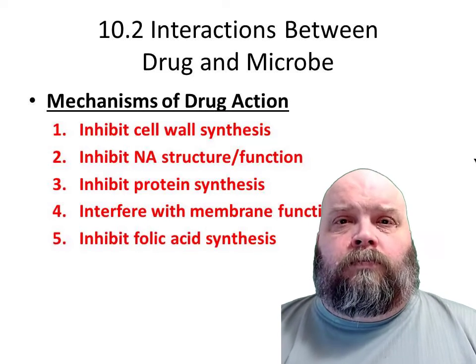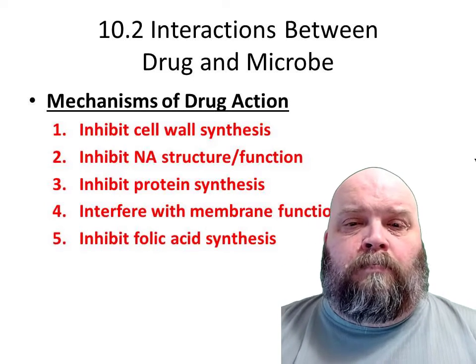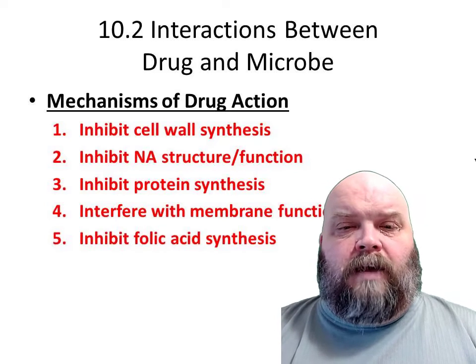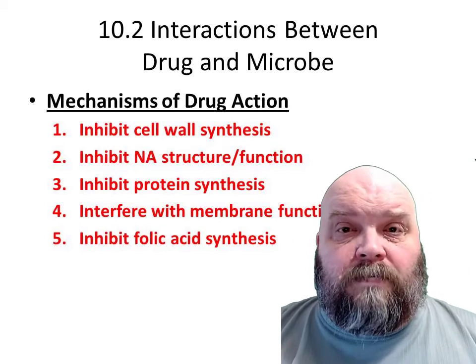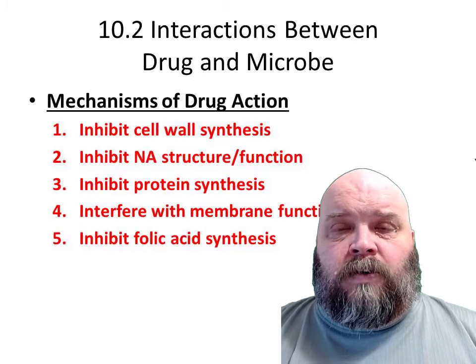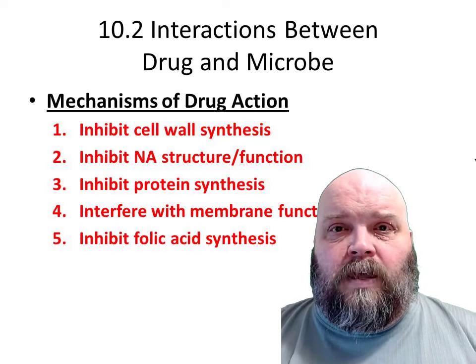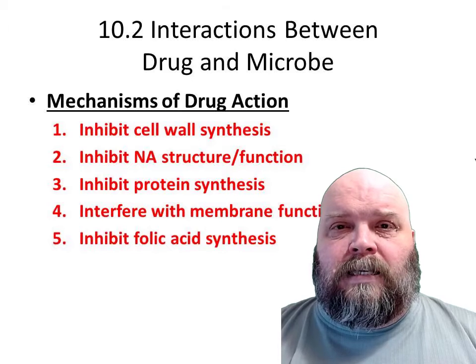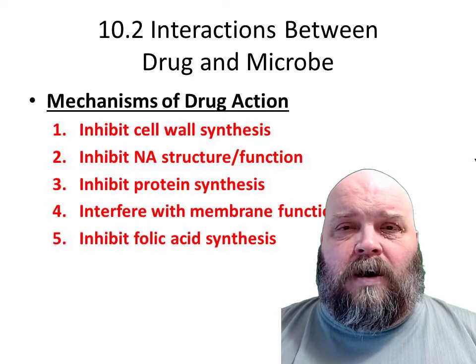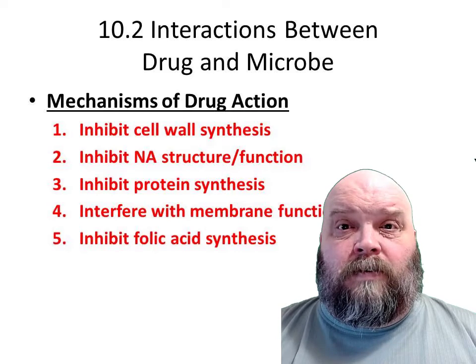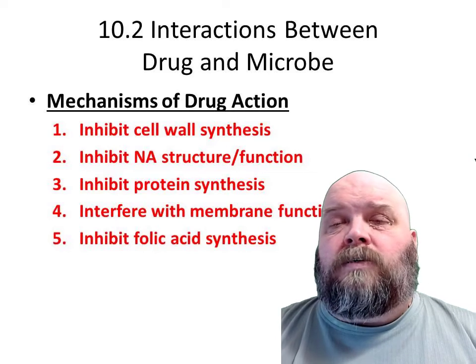So, mechanisms. The best drugs are going to have one of these 5 mechanisms. First, go after the cell wall. Turns out for bacteria, the cell wall is constantly being renovated. Environments are harsh, especially for some of these bacteria.